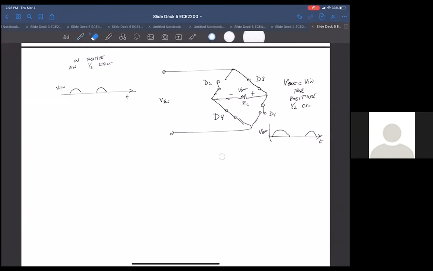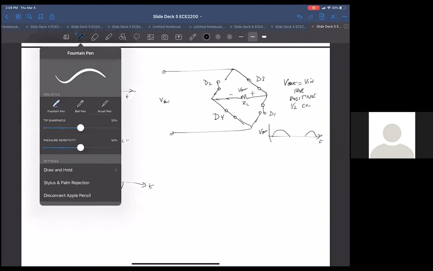All right, so that's for the positive half cycles. Now, if you look at Vin negative half cycles, when Vin is going negative, the other two diodes turn on.